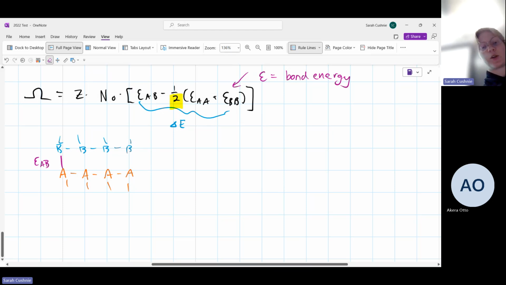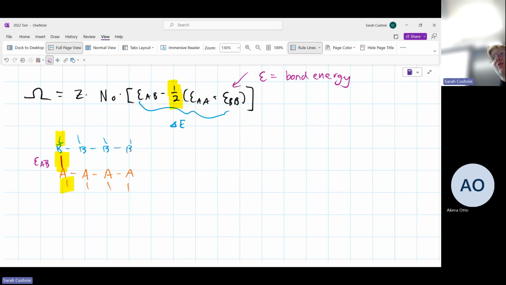And notice that we have this little 1/2 here. The reason is that we add one AB bond for every one BB bond and one AA bond that are broken. That's 2 bonds total, but we're only forming one new bond, so we have to multiply by 1/2. Does that term make sense? Yes. All of it, or just the part about the 1/2?